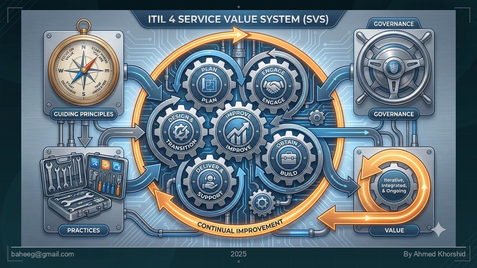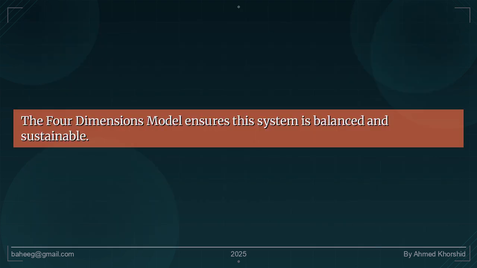Surrounding this core are the key components: guiding principles as a compass, governance as a steering wheel, practices as toolkits, and continual improvement as a looping arrow encircling everything. The overall composition should be sleek, mechanical yet clear, with arrows showing flow. Use a consistent corporate blue-gray color scheme with one accent color, like orange, for the continual improvement loop to highlight its importance.